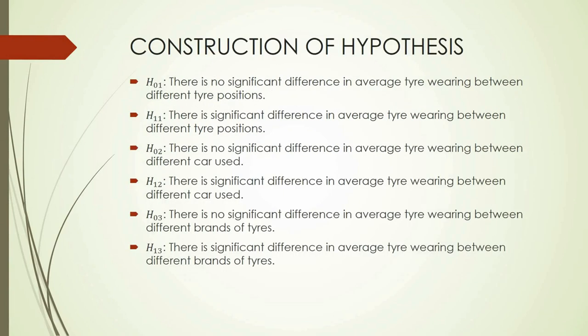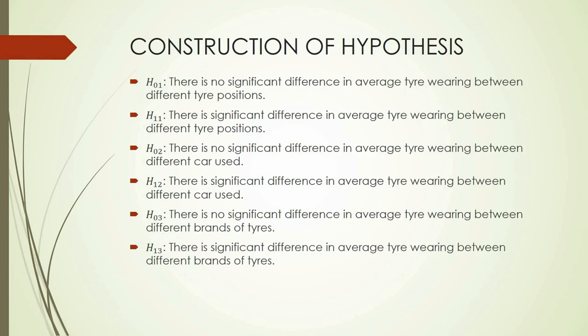Let us now construct the null hypothesis as well as the alternative hypothesis. In this case we need 3 different hypothesis scenarios. The first one, H01, the first null hypothesis, says there is no significant difference in average tire wearing between different tire positions.